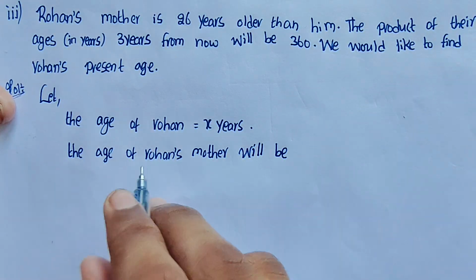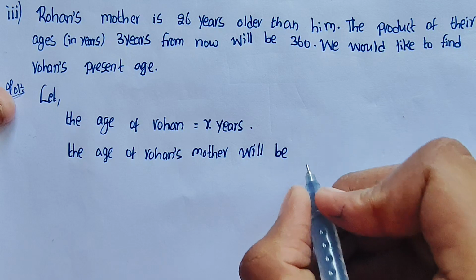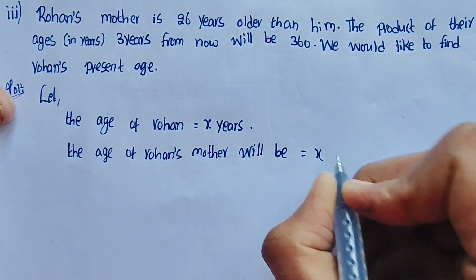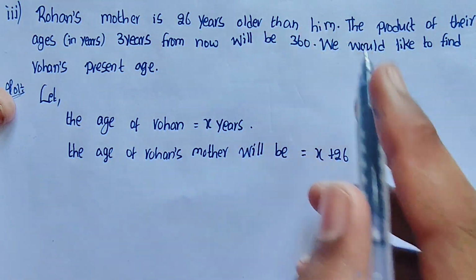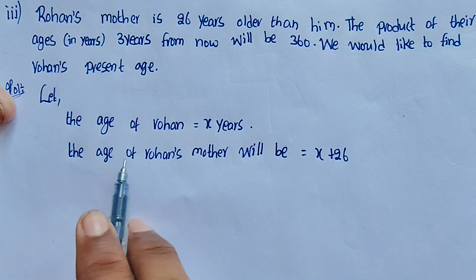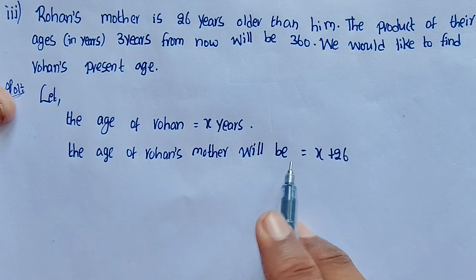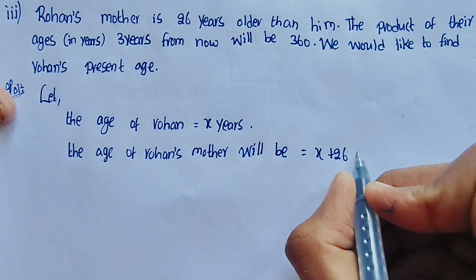Then the age of Rohan's mother will be x plus 26. He said Rohan's mother is 26 years older than him. So the age of Rohan's mother is x plus 26 years.